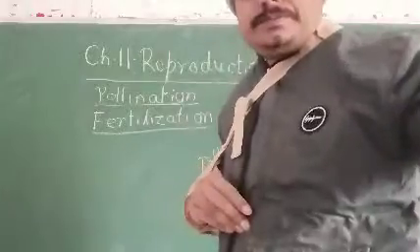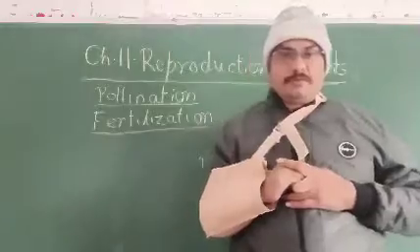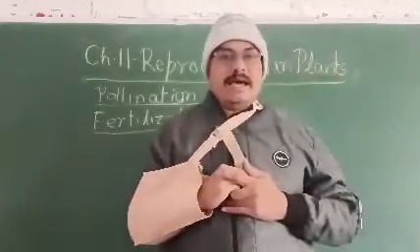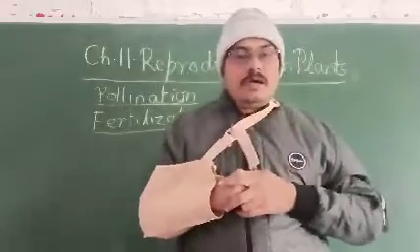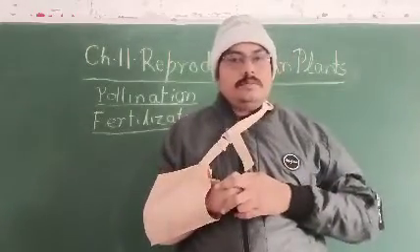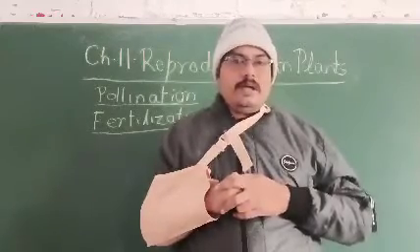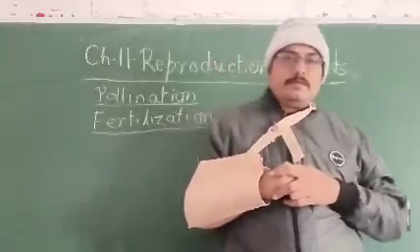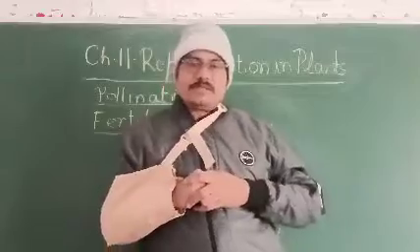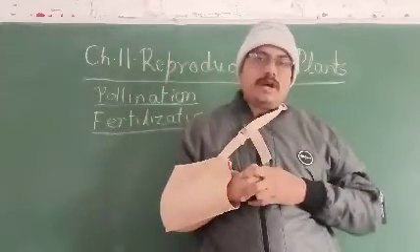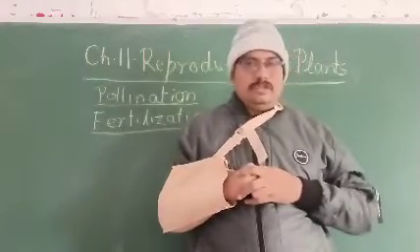Now the formation of seed and fruit. The ovule which is present inside the ovary, after a few days the rest of the part of the flower dries and falls down, but the ovary and ovule change their shape.